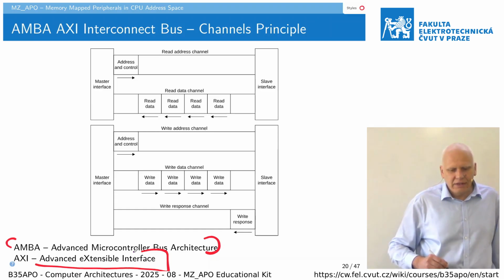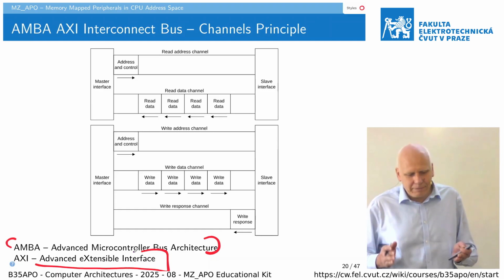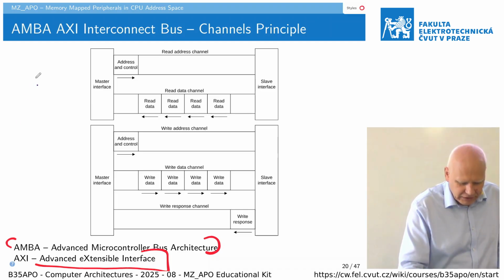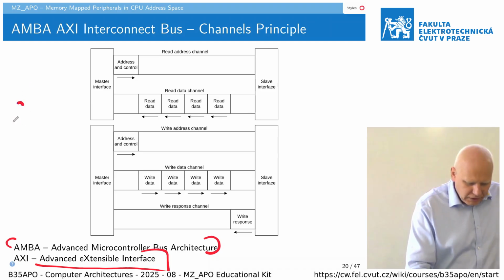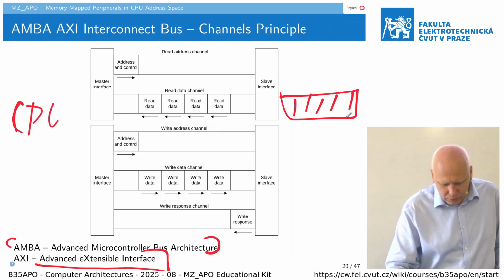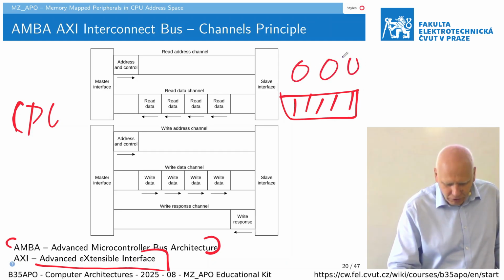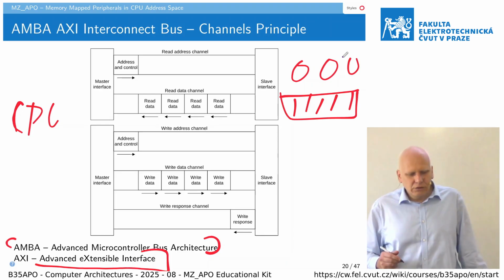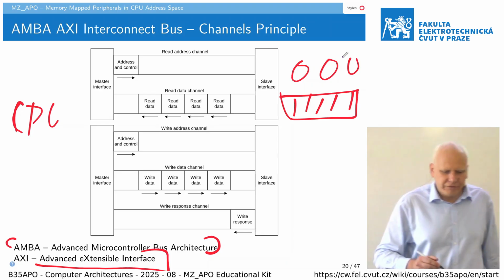If you want to connect a simple peripheral, for example a CPU that wants to communicate with a line of 32 LEDs, or read something from the knobs, then you need to connect those 5 channels.